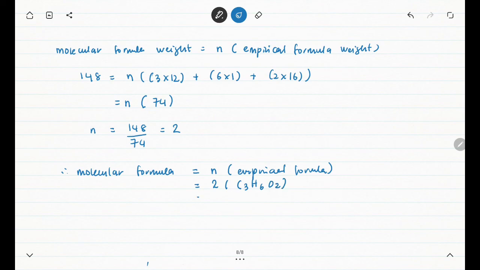C3 means carbon, 2 times 3 equals 6. So C6, H12, and then O4, since 2 times 2 equals 4. So we get the molecular formula as C6H12O4. So that's all for today. Assalamualaikum.